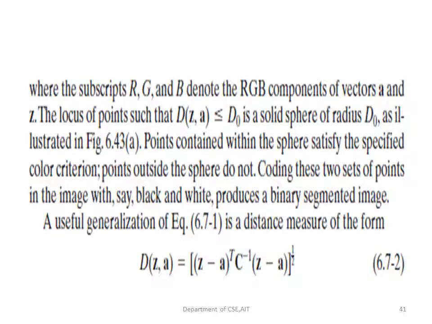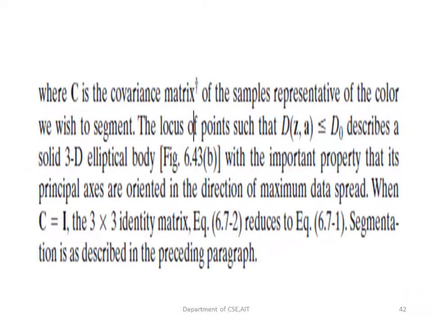A useful generalization of the previous equation, d(z,a) equal to the norm of z minus a, is a distance measure of the form d(z,a) equal to (z minus a) transpose C inverse (z minus a), the whole thing to the power of 1 by 2. Here the capital C is called the covariance matrix.